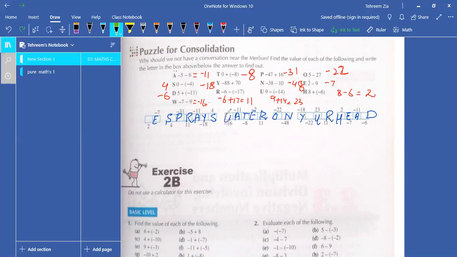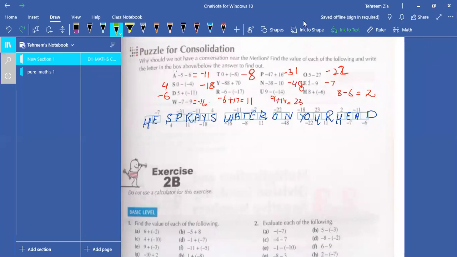Minus 16 was W. Yes, water. He sprays. 2 was H. Yes. And minus 22 was O. So he sprays water on your head. Finally we get the statement.